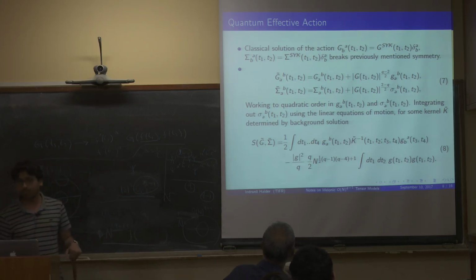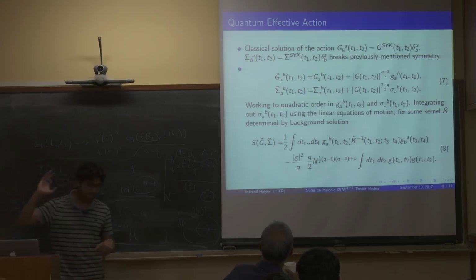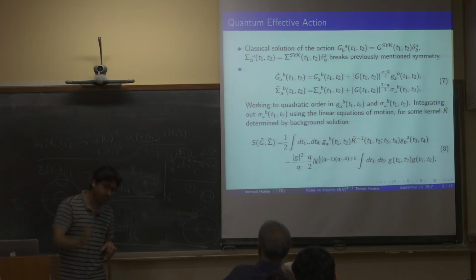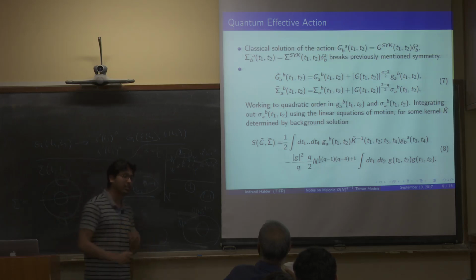And it will change because J is not strictly infinity. So if we try to calculate the effective action at strictly J equal to infinity, we will get nothing. But when we break that a little bit at order 1 by J, we will get something for these modes.